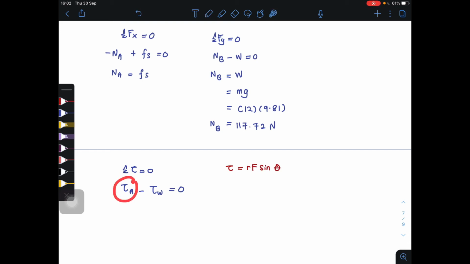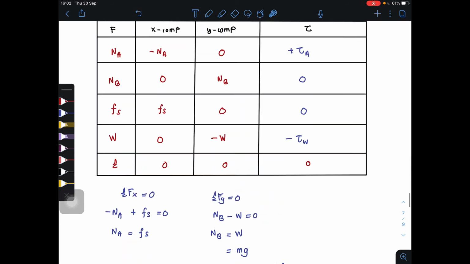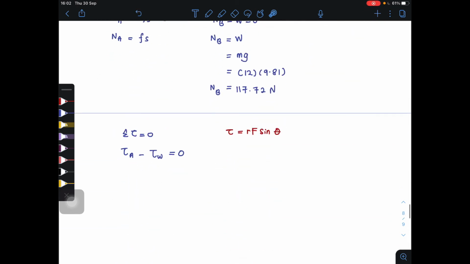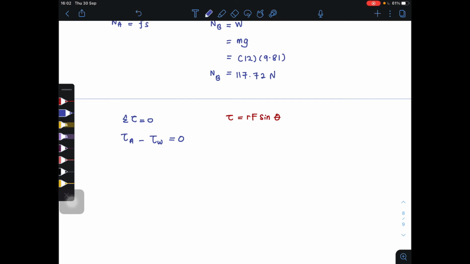Okay, kita tengok dekat torque A. So dekat torque A, force yang terlibat adalah NA. Dan the distance daripada pivot point here is 5 meter. So you masukkan, it is 5 meter. And then it is NA.